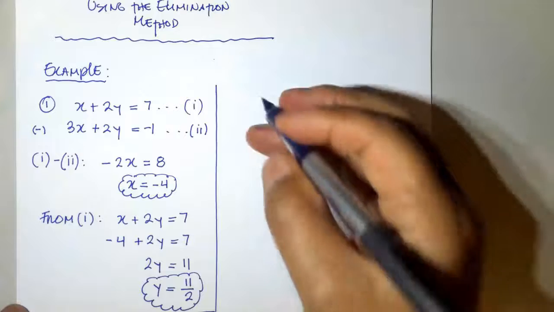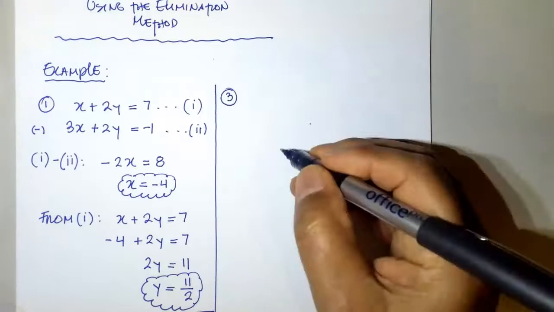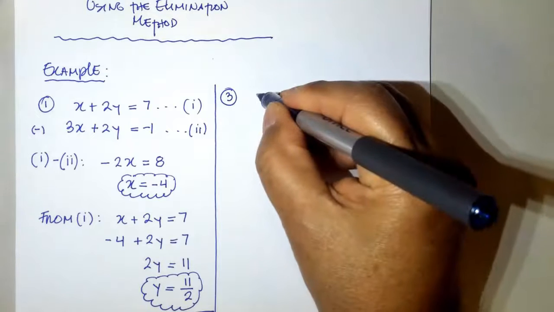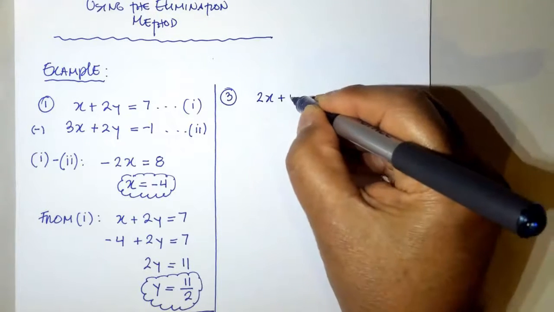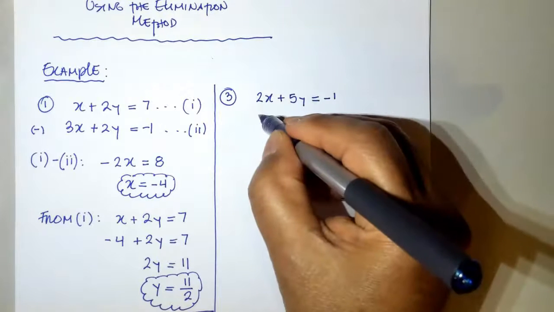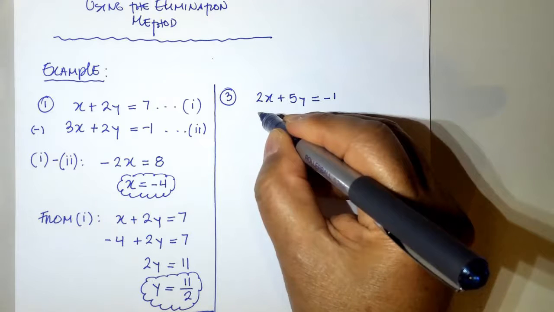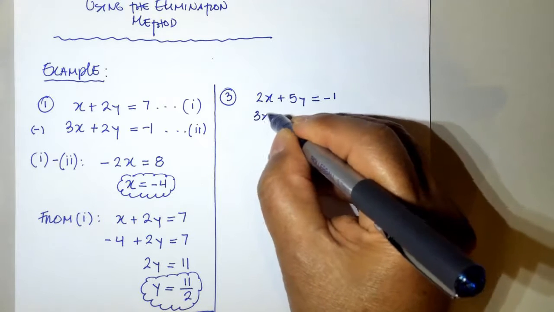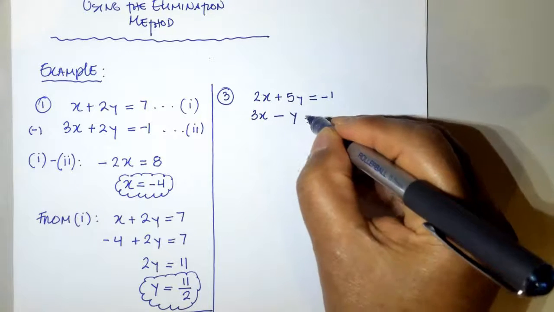So this is question 3. Let's say that you have this situation. You have 2x plus 5y equal to -1, and then in here you got, let's say, 3x minus y is equal to 7.